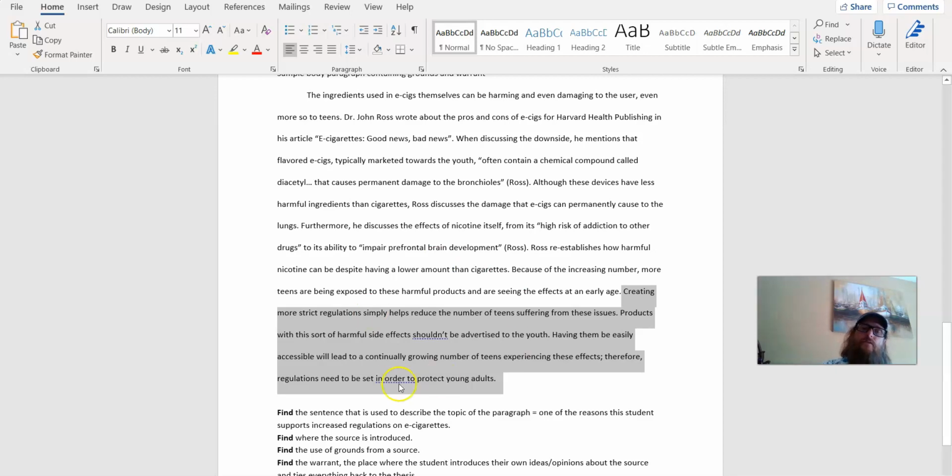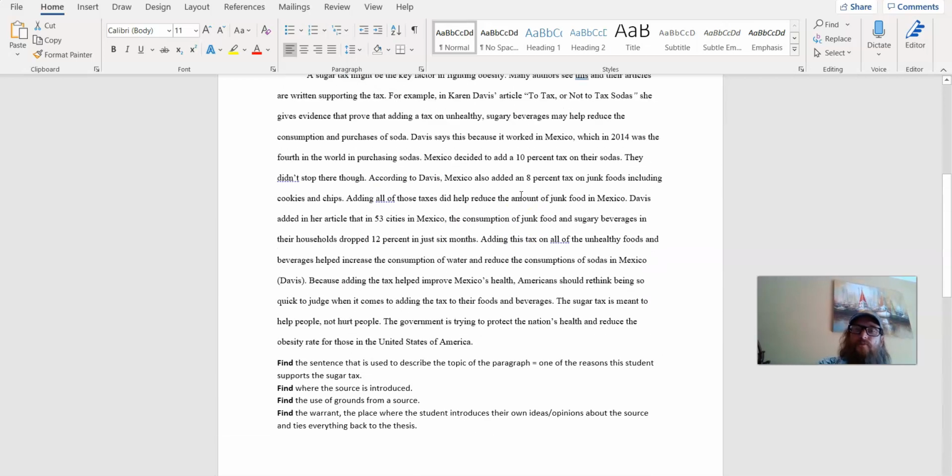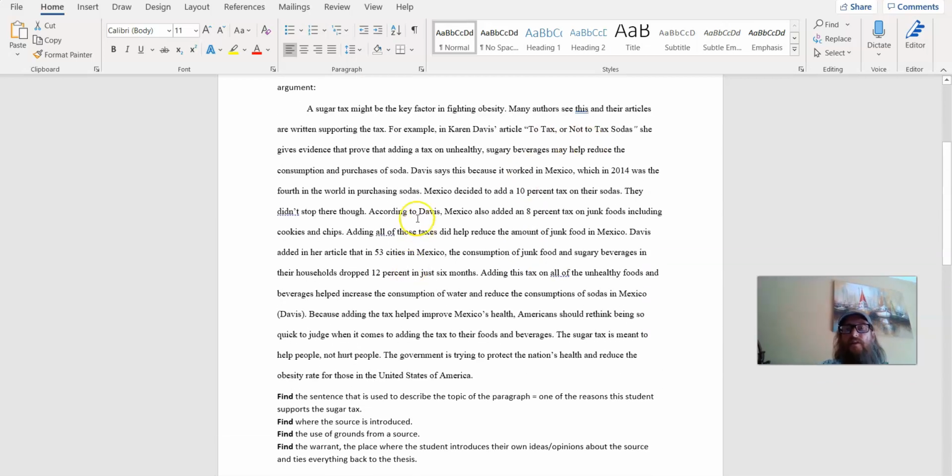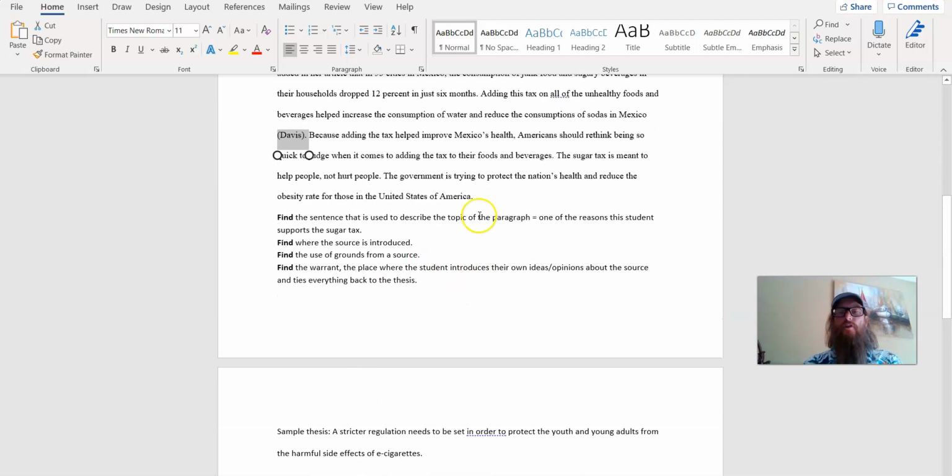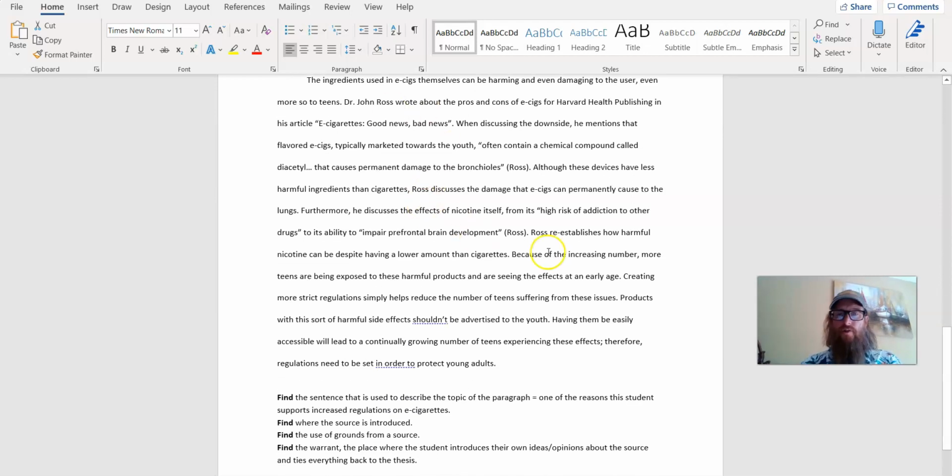So again, here's another way to tell the difference between grounds and warrant. When you're deploying the grounds, you're going to see some quotes possibly, or even if it's paraphrased like this one, you're going to see in-text citation, right? Because you're pointing at the source, right? But the warrant is where you're using your own ideas to connect it to the thesis, and thus in the warrant section, there's no in-text citation.